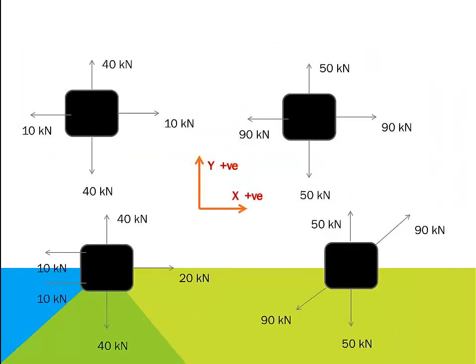Let's see some conditions of equilibrium in terms of force. All four black objects are in equilibrium. The important thing to remember here is that force has magnitude and direction as well. That means the direction matters.